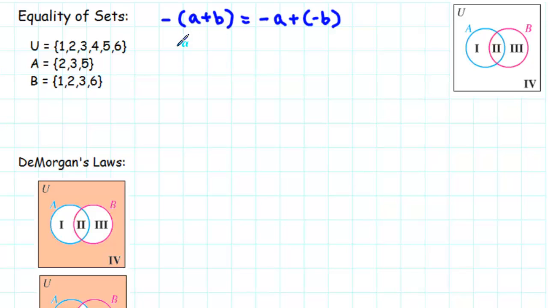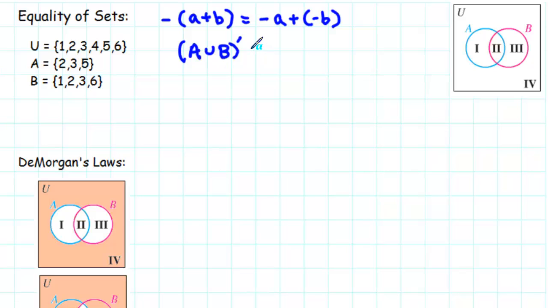So suppose we had something similar, but this time a set statement, where we have the complement of A union B. The complement would be similar to the negation symbol, and the union would be similar to the plus symbol.